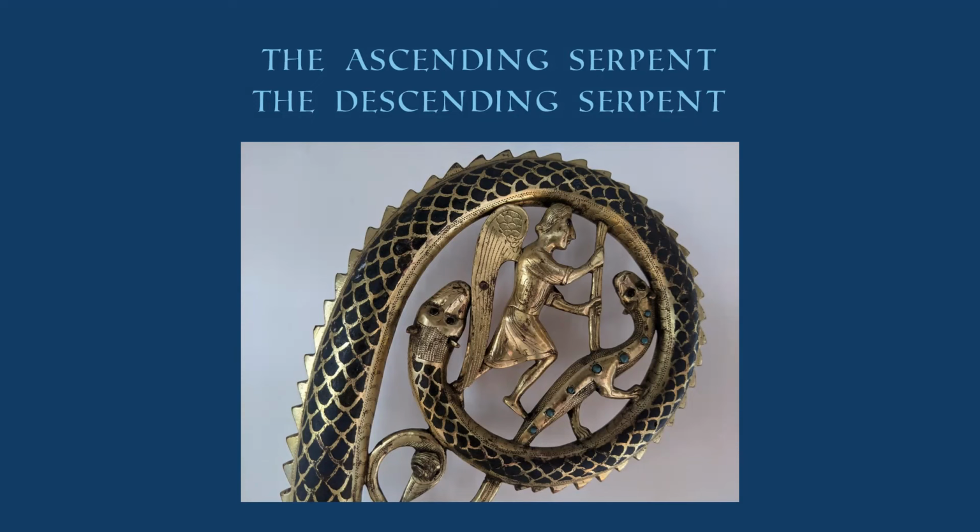And Lucifer is depicted as the dragon, or a serpentine dragon. And so you have the descending serpent, but then you have the ascending serpent, which you could say counteracts that which has descended. This is part of that symbolism of Lucifer, the fallen angel, and Christ, in the sense that Lucifer is the one who falls and Christ is the one who ascends.